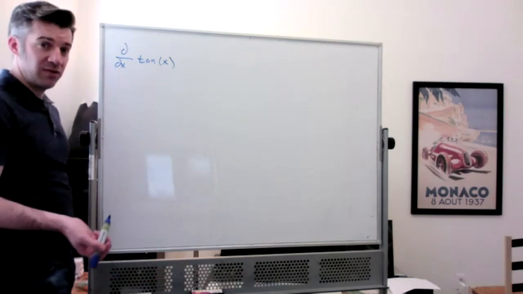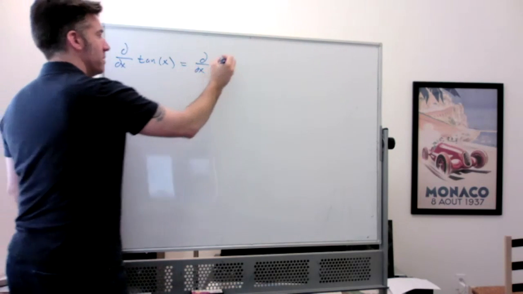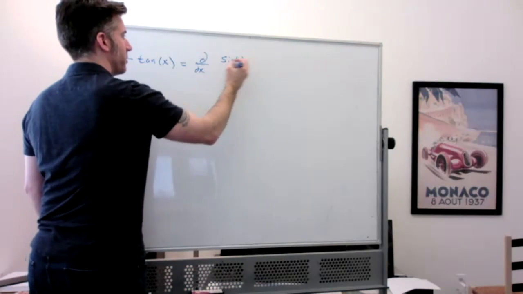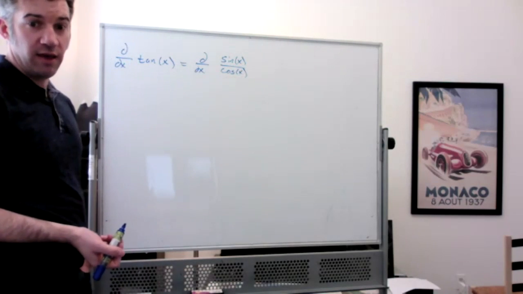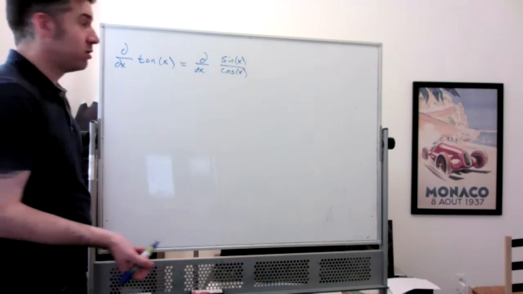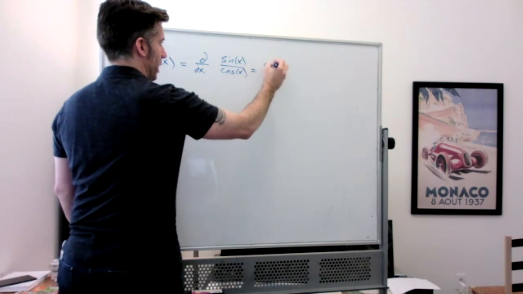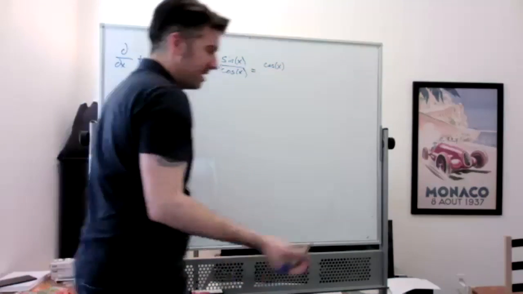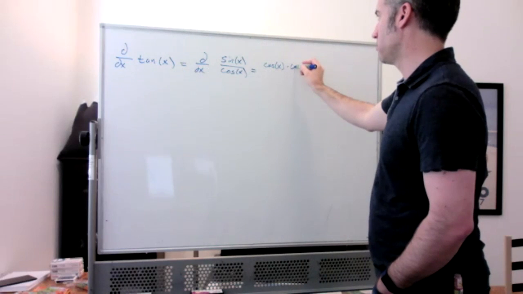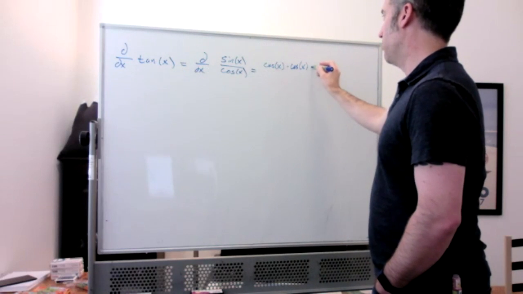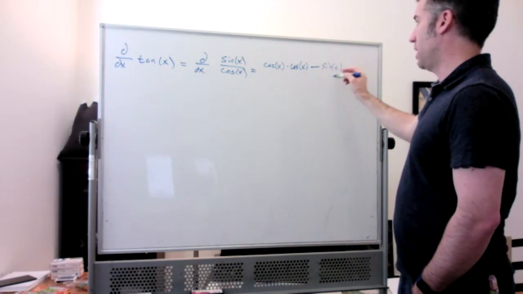The way we do the derivative of tangent is we write it as sine of x over cosine of x, and then we use the quotient rule. That's going to be the bottom, cosine of x, times the derivative of the top, and the derivative of sine is cosine of x, minus the top, sine of x, times the derivative of the bottom.